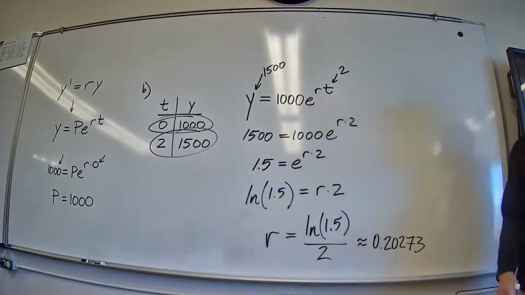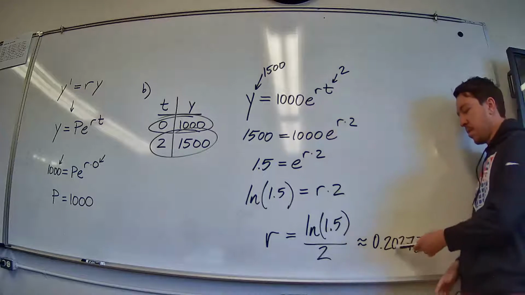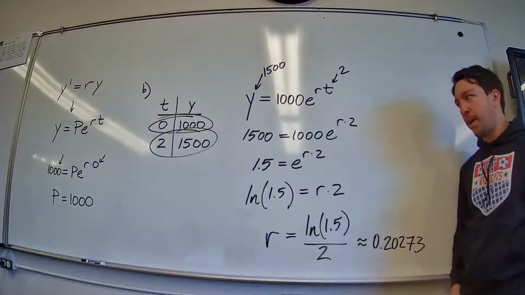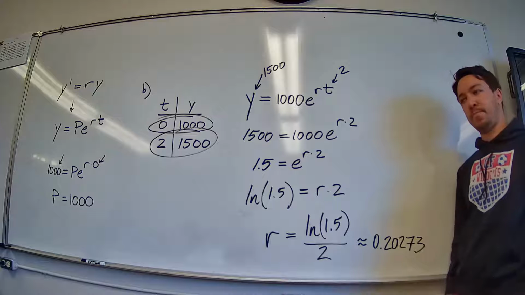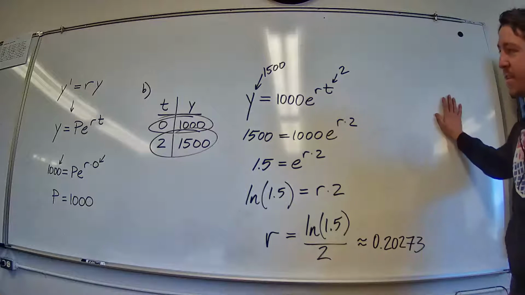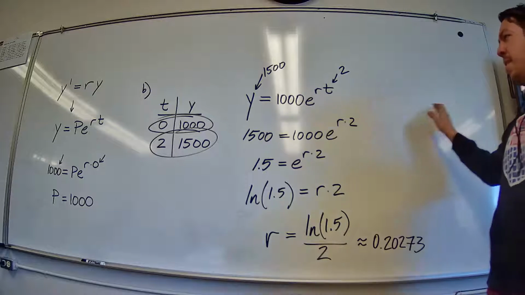Okay, so let's put this into layperson's terms. The population is growing about 20% per hour. Now, a person new to this would say, wait a second, that doesn't sound right.